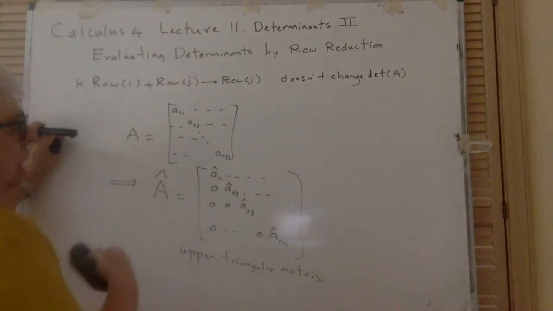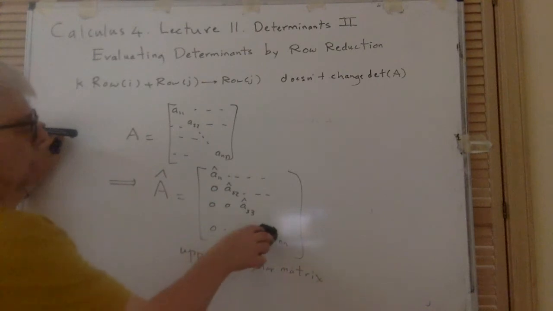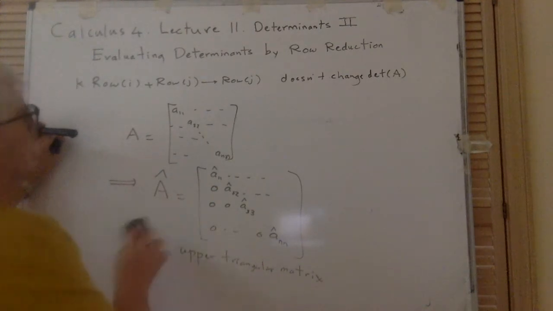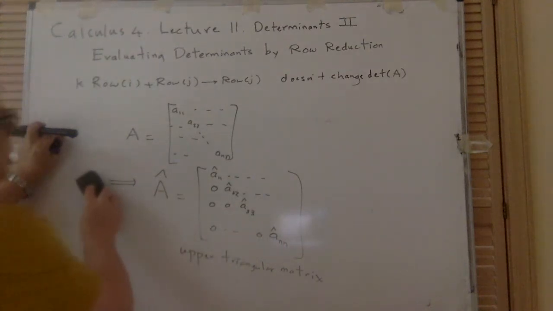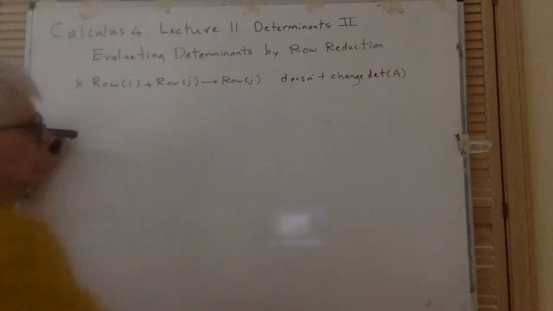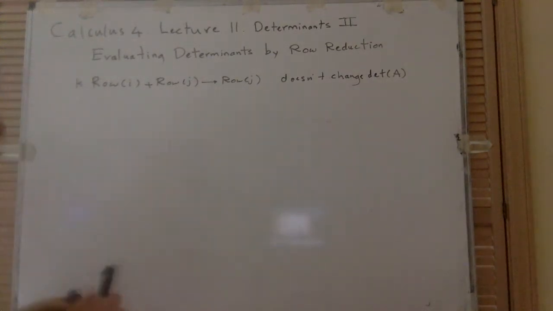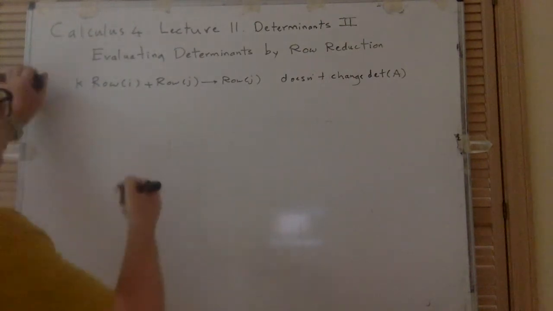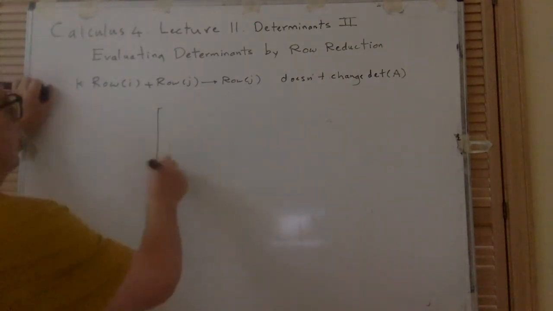And for n by n it is almost the same, so I'm not doing it, but you can, if you like, write down some proof for that. But it's interesting that the determinant of an upper triangular matrix is very simple.